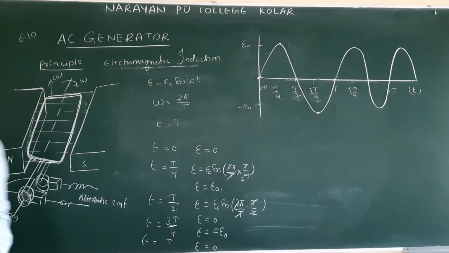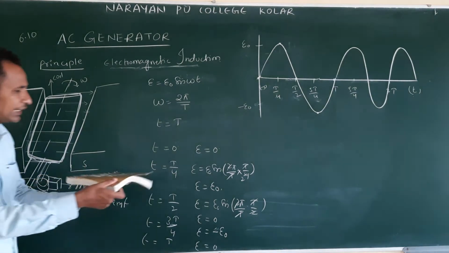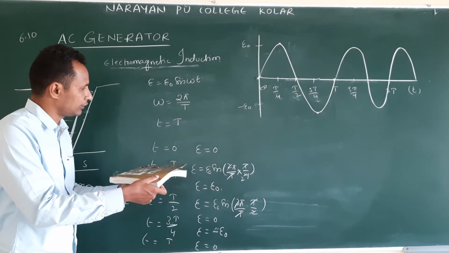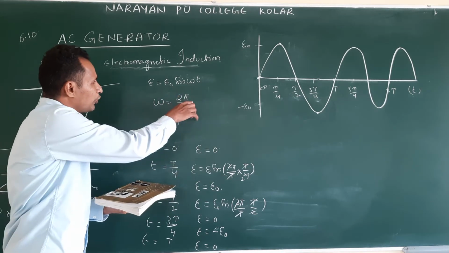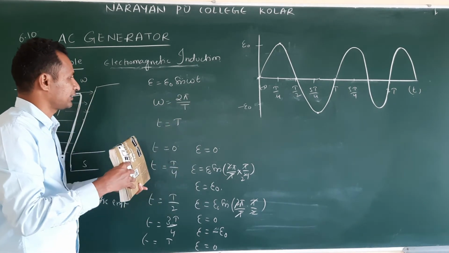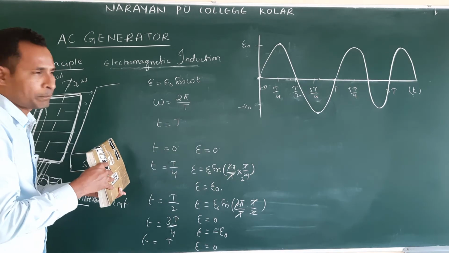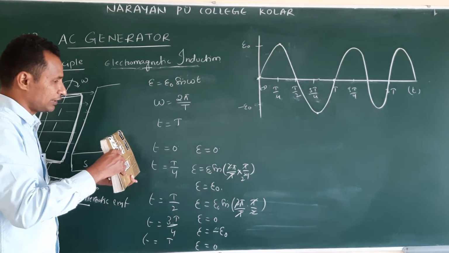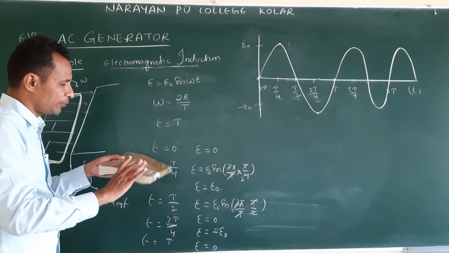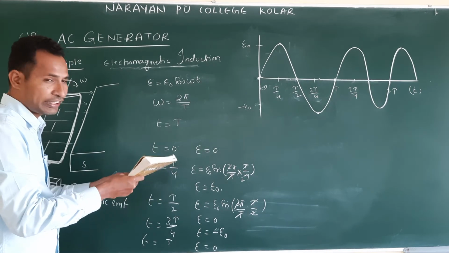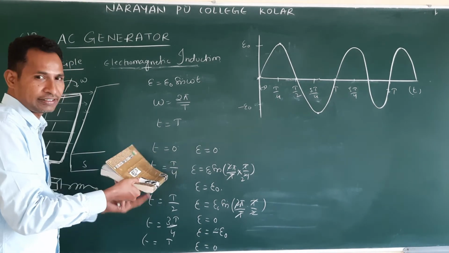So here, when it is like this, clear? When T is equal to 0, time 0 means like this. It is turning. When like this, EMF is 0. EMF is maximum. EMF 0. EMF negative. Again, like this.